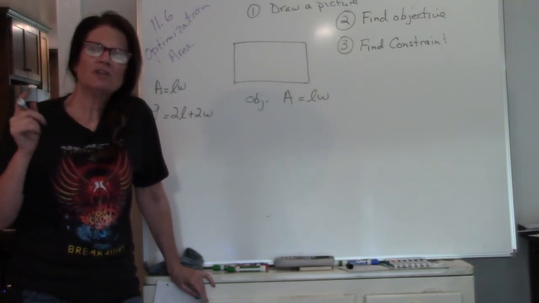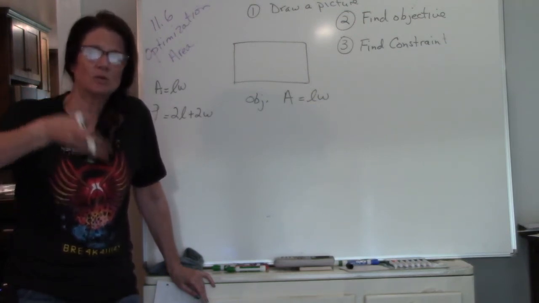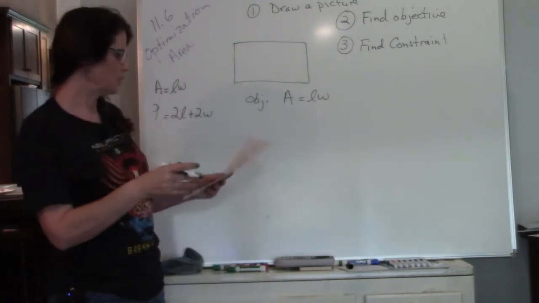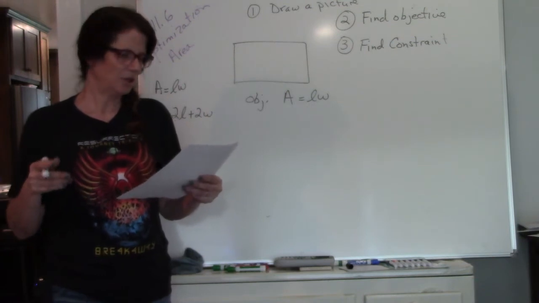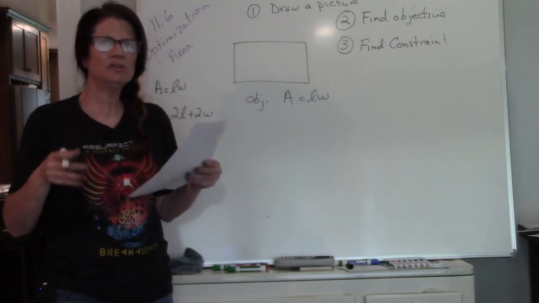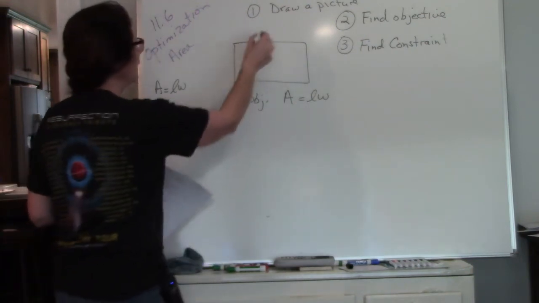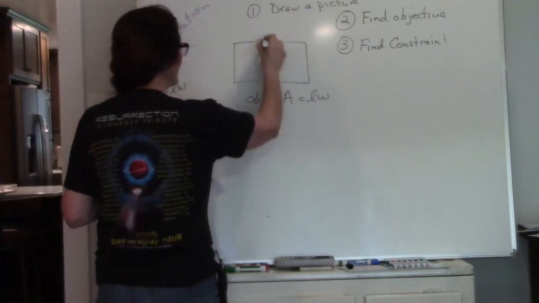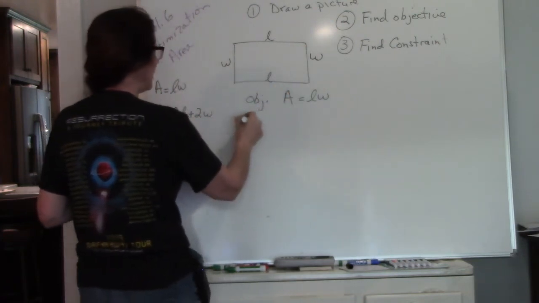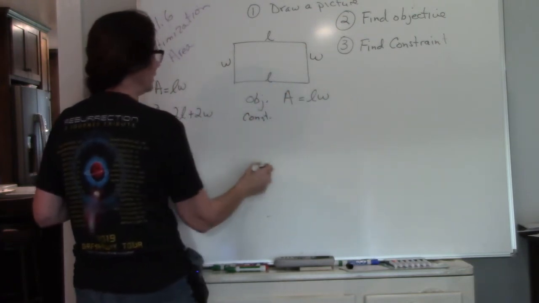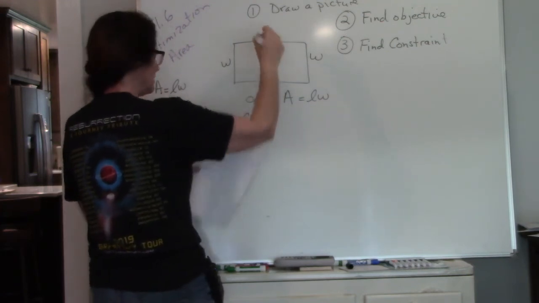Well, every single optimization problem has a constraint already set within the problem. With this one, our constraint is our perimeter because it tells us we only have so many feet within our perimeter. So when I draw this picture, I have lengths and I have widths. Okay? So my constraint is my perimeter is 76 feet.